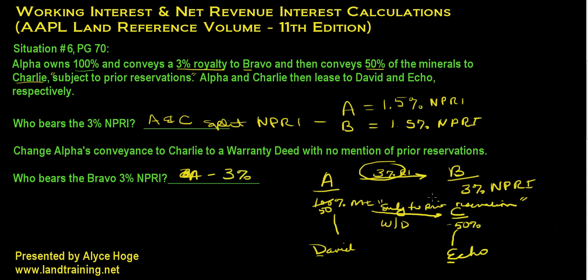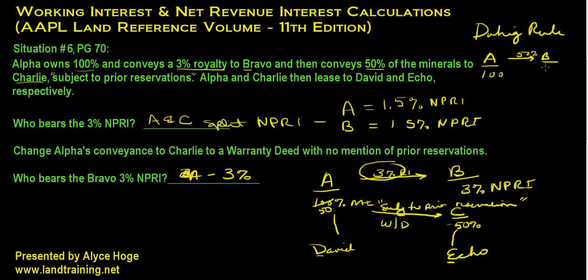Okay. Now your text says that only A has to pay it because of the Duhigg rule. I don't know if y'all remember the Duhigg versus P.V. Moore case, which came up with the Duhigg rule. But what happened was A conveyed to B. A had 100% and conveyed to B 50%.